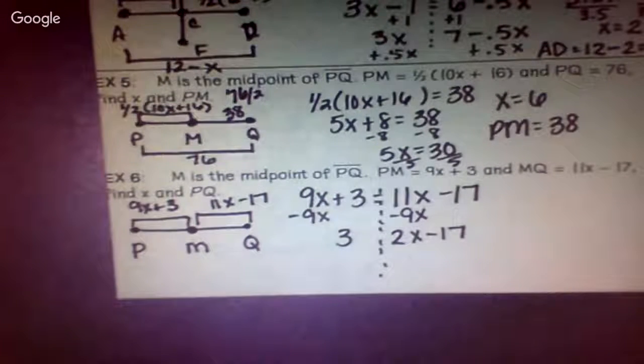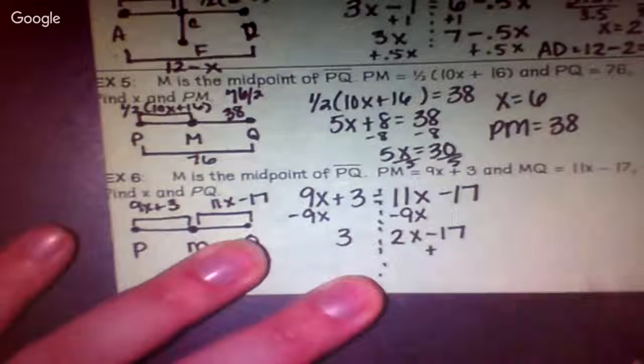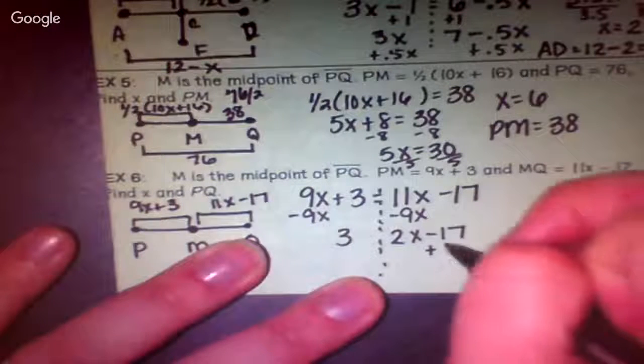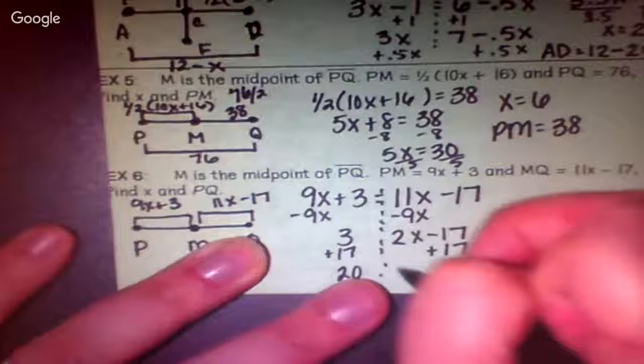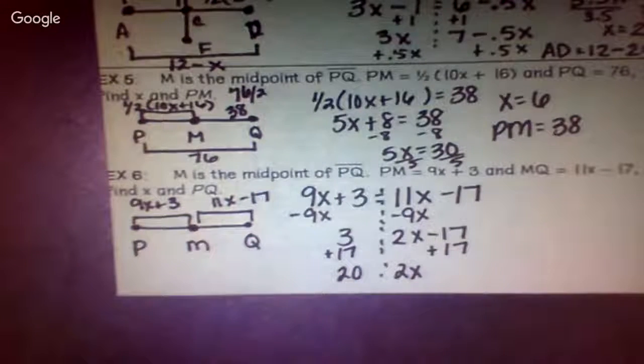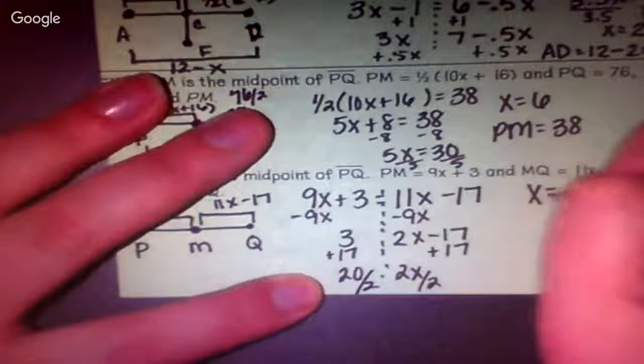If my x's are on the right this time, I need to move my numbers to the left by doing what? I need to move the numbers to the left. So add 17, okay? So we get 20 equals 2x. Divide by 2. And x equals 10.